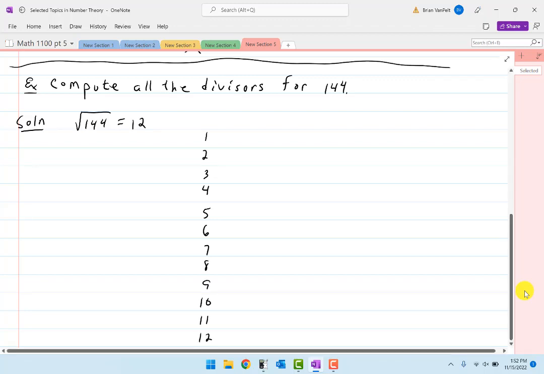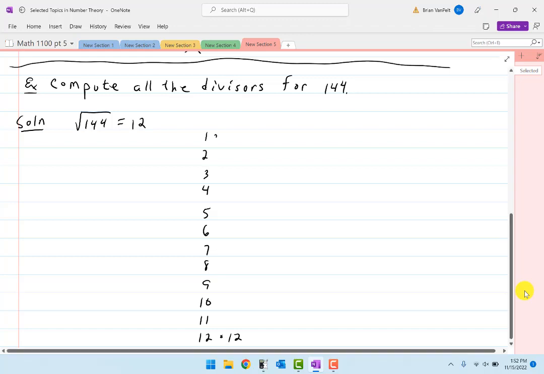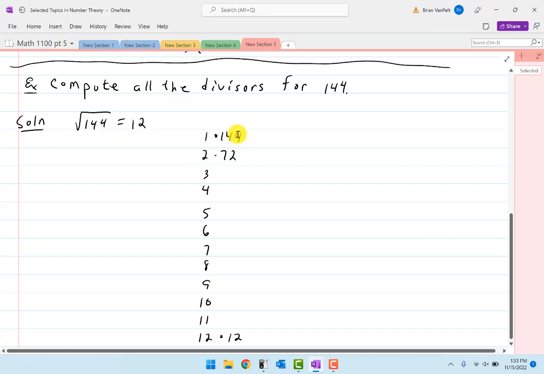There they are. I'll do this one real quick. 12 times 12 was the one that we just did with the square root. The 1 is always easy. 1 times 144. You may need to use a calculator to help you out with this part, but I know most of them off the top of my head. 2 times 72, that also equals 144. And you can see every time I do this, every product here is equal to 144.